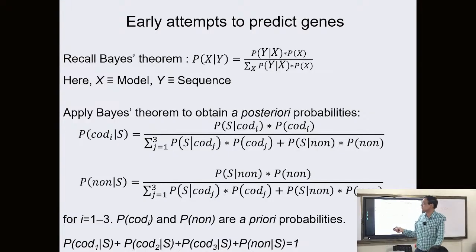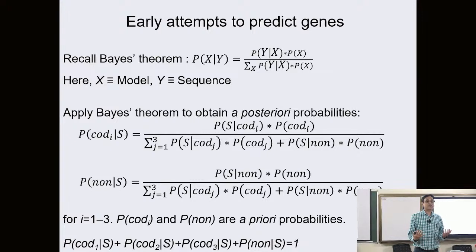Now the evidence, which is the sequence, is given to you, so your belief will change, and this is called the posterior probability: the probability of the model, or of protein coding, given the evidence, which is the sequence. Your belief changes after having seen the evidence. That is why it is called posterior, meaning after having seen the evidence.